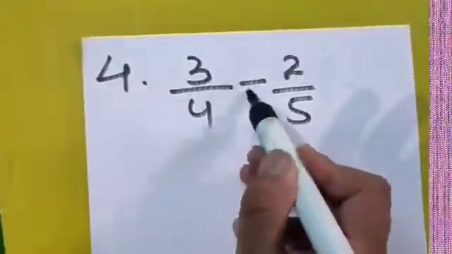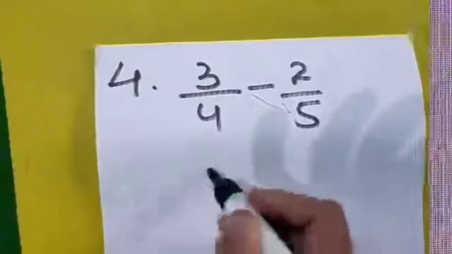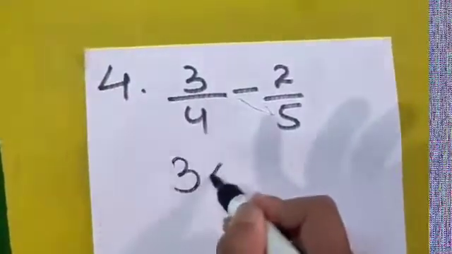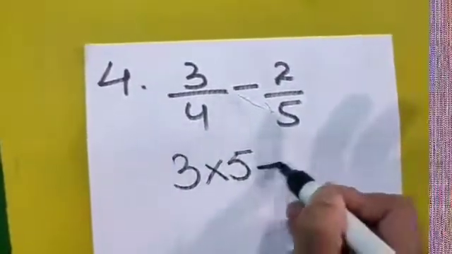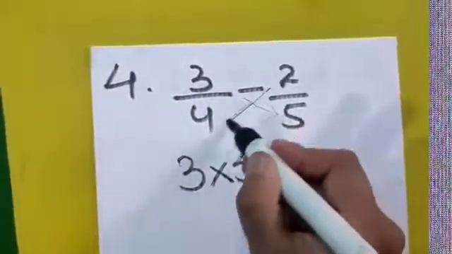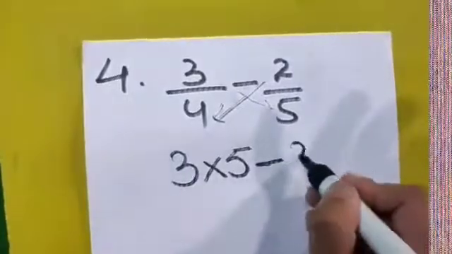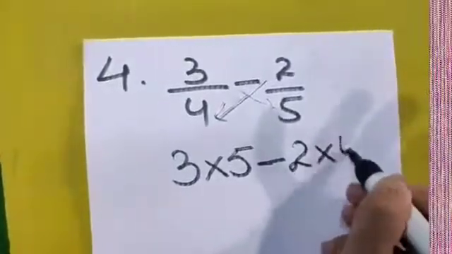First of all, we will multiply 3 and 5. Now we will put the subtraction sign, and now we will subtract 2 and 4.